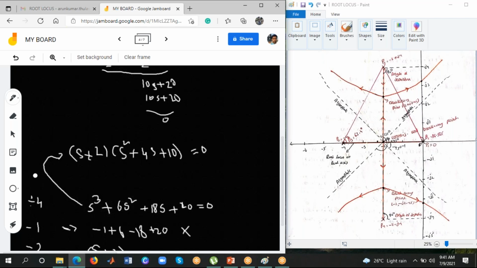So we can write the equation like this. Okay. Now find the roots of this equation, s square plus 4s plus 10.